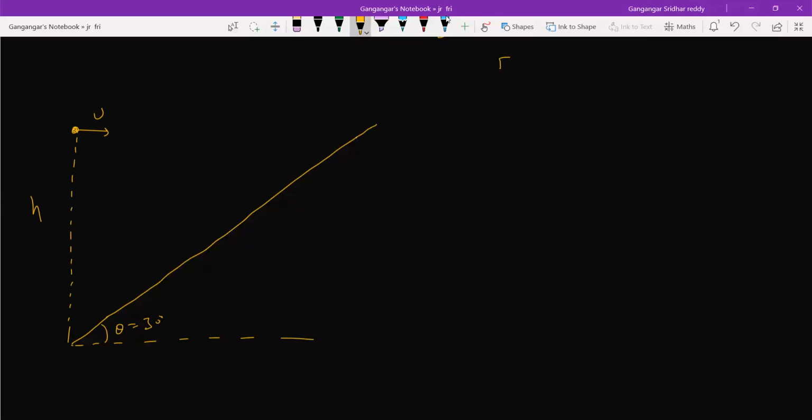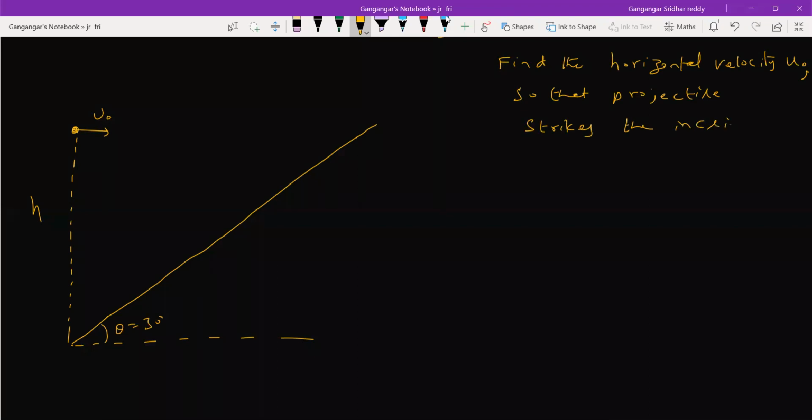Let me write: find the horizontal velocity u naught so that the projectile strikes the inclined plane normally.